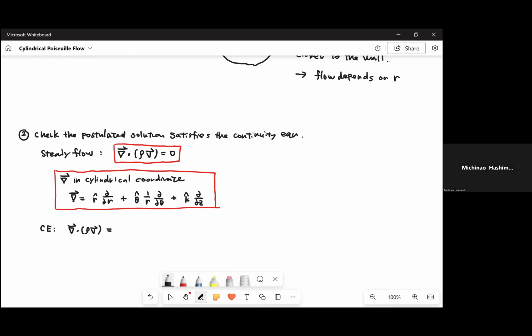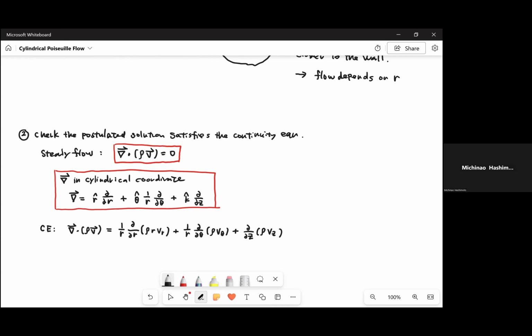So let me just give the expression. It's going to be 1 over r d/dr of (rho r vr) plus 1 over r d/d theta of (rho v theta) plus d/dz of (rho vz).